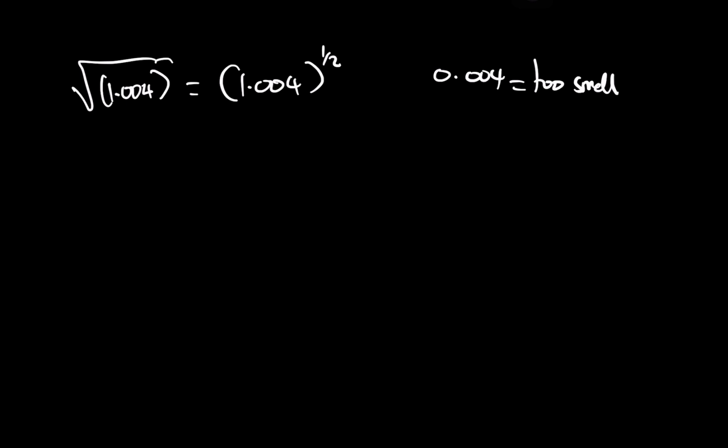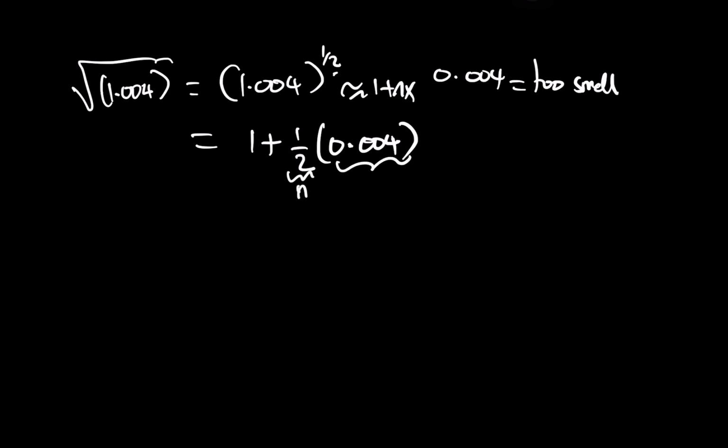So if it's too small, we approximate it to be 1 plus nx, and that's going to be 1 plus n, which is our half, and then the x there is 0.004, like that. So this is n, and this is our x. So we're going to get 1 plus 1 over 2 times 4 over 1,000.